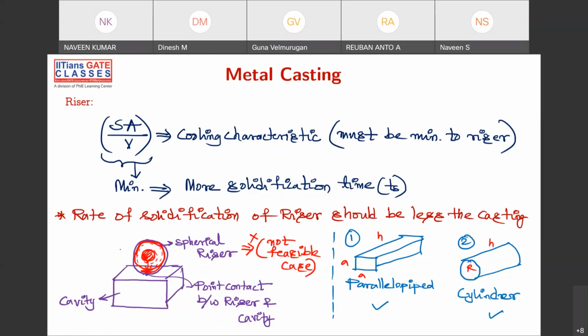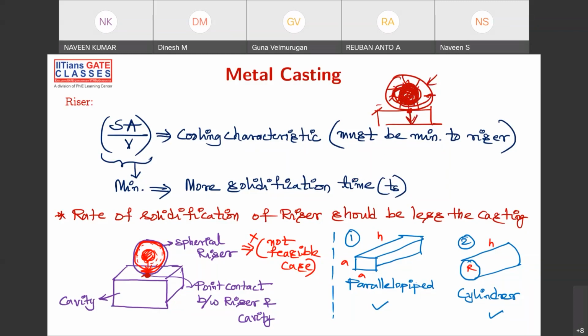But you can't use a sphere as a riser. If you put a spherical riser on your cavity, there is only a very small point where the riser connects, and the solidification front will close in like this. If the complete outer part has solidified and red hot metal is in between, how is it going to come and get into this cavity?